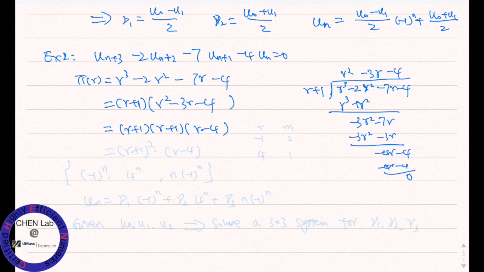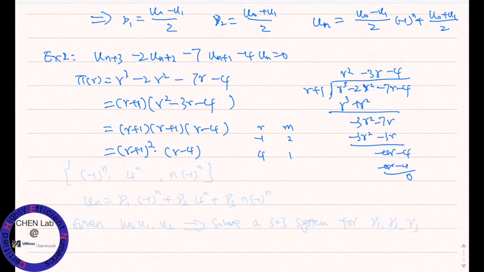So in particular, that's (r plus 1) squared times (r minus 4). We know the roots and the corresponding multiplicities: negative 1 and 4. This m is 2, that m is 1. So our k delta is 2.